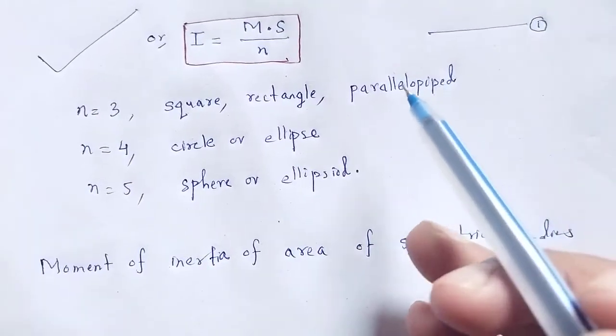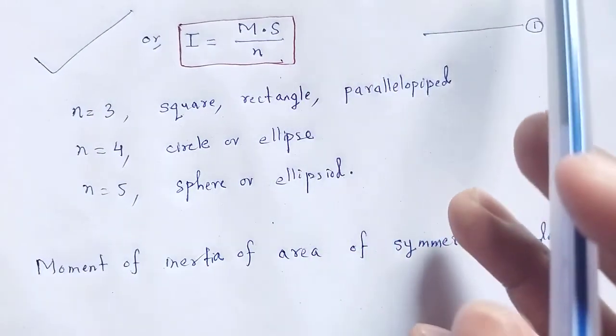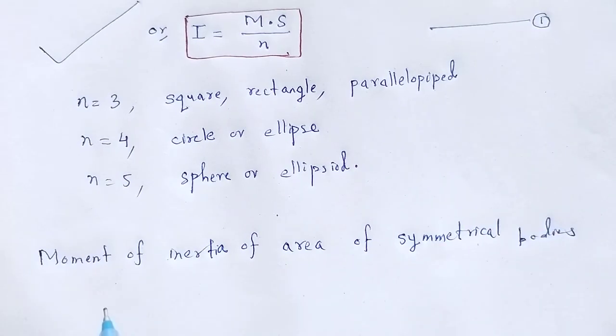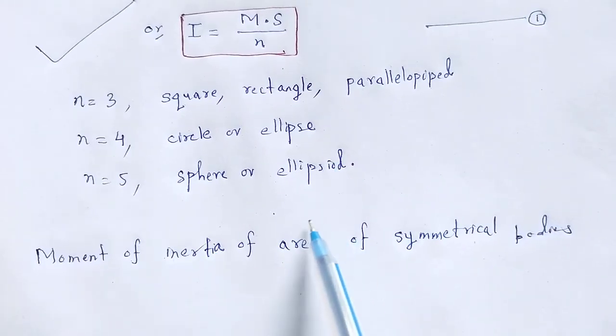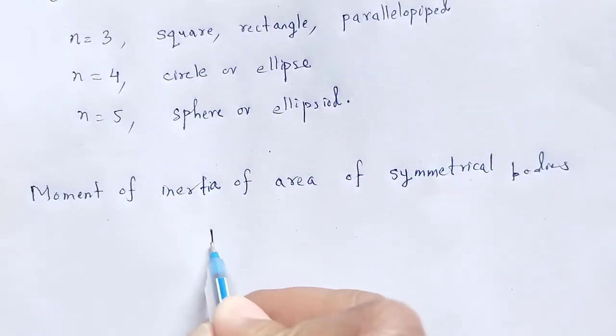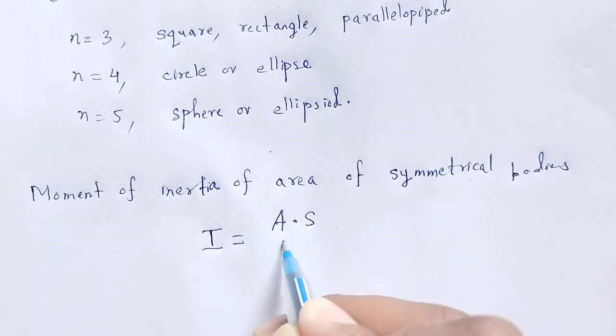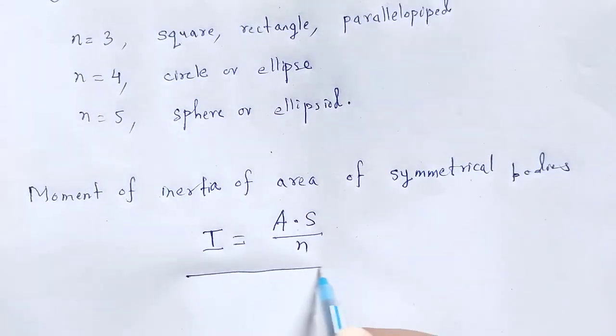In the previous case, we found the moment of inertia of a body, but here we calculate the moment of inertia of area of symmetrical bodies, and that formula will be I is equal to A times S divided by n.